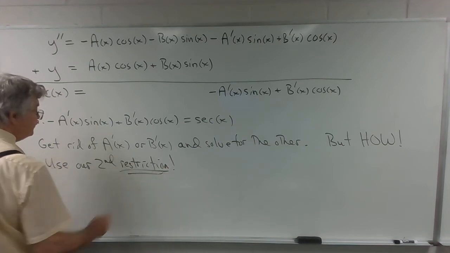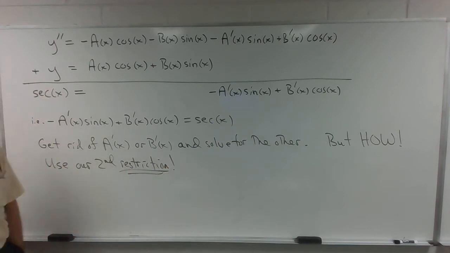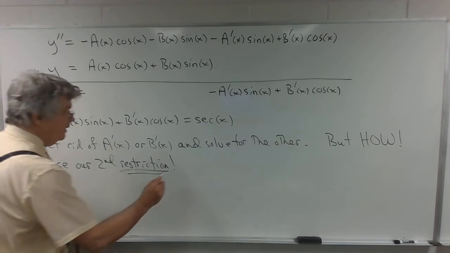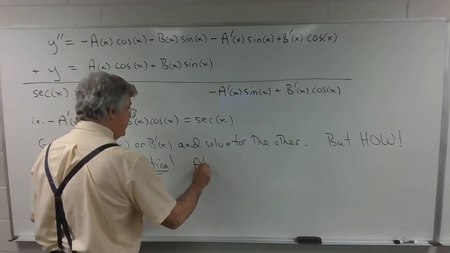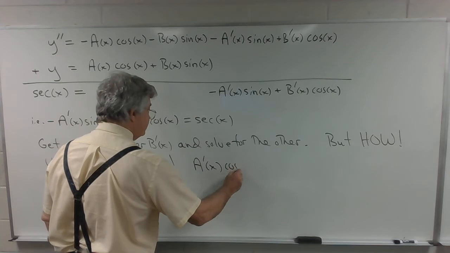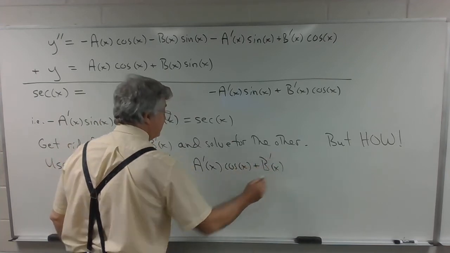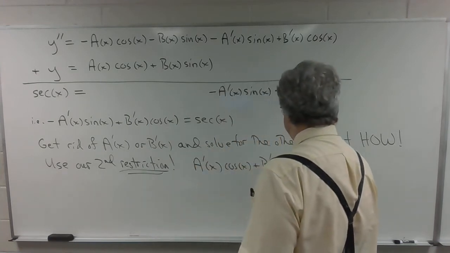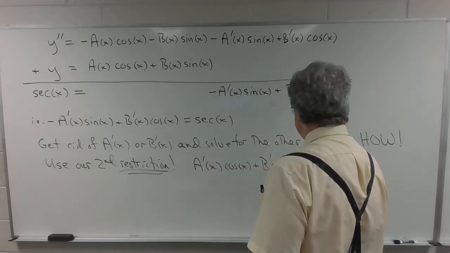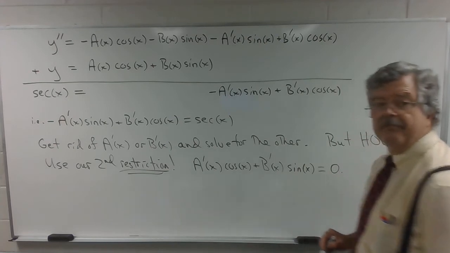We'll use our second restriction. We assumed, let's see, what did we assume anyway? We assume that a prime of x cosine of x plus b prime of x sine of x equals 0.